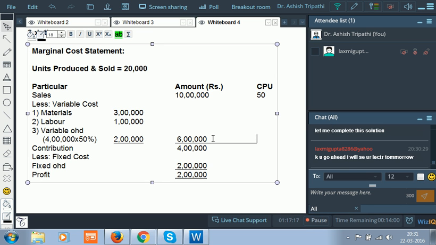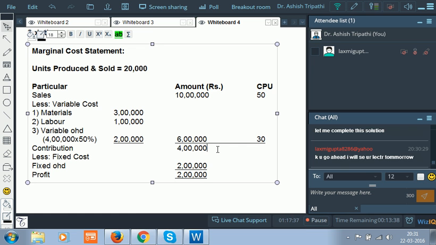So what we'll have to do, 6 lakhs divide by number of units produced, that is 20,000, so it will be 30. So CPU is 30.